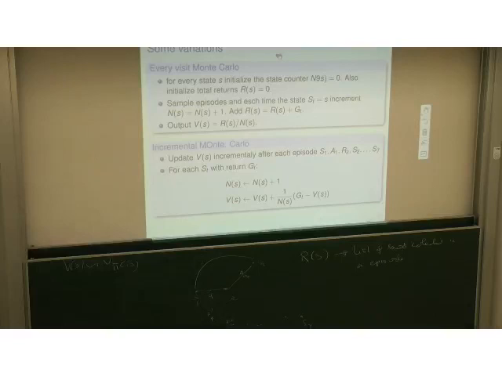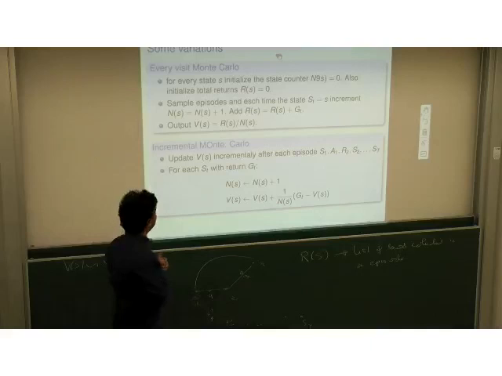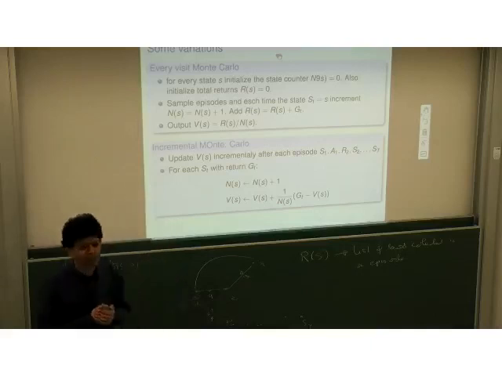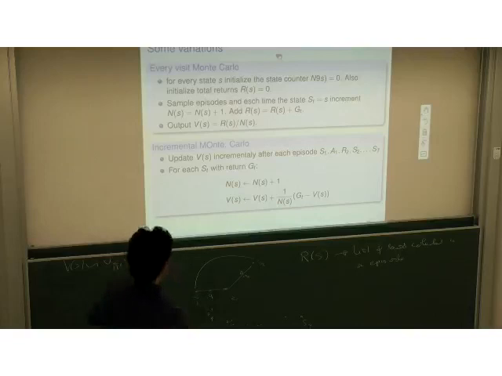The variance changes or something like that. So it's a little bit more technical, but it's not that interesting to worry about. As far as coding is concerned, there is not much difference between the two algorithms.